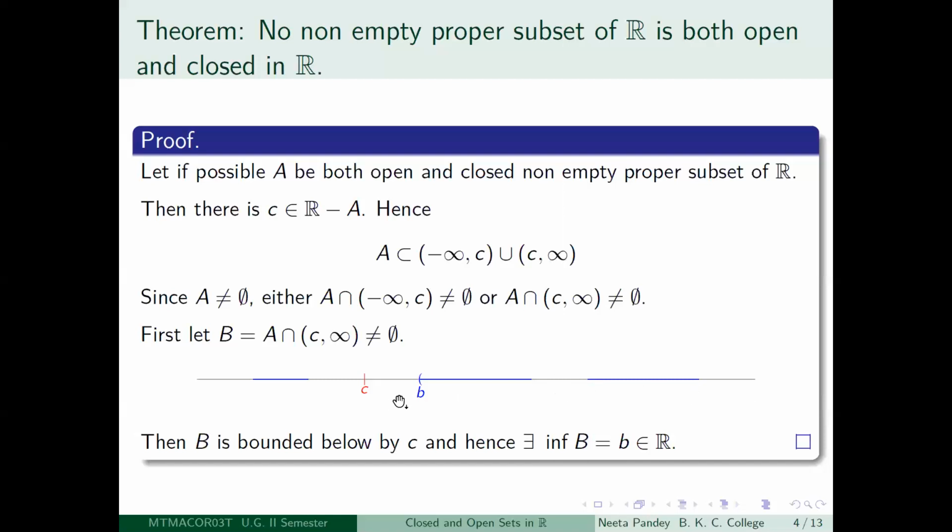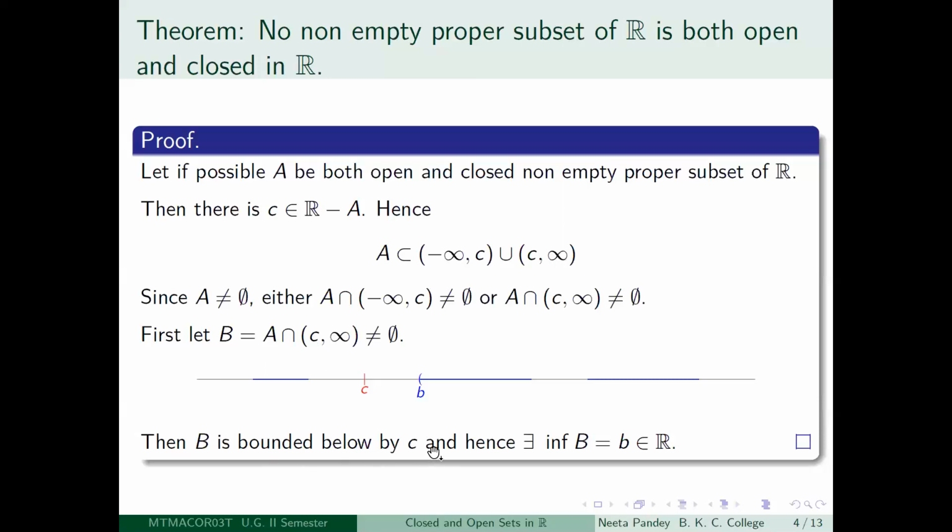Okay, so suppose that this is non-empty. Now what can you say about this set which is on the right hand side of C, that is a subset of C to infinity? C is going to be less than every number on the right of C, right? So if you take any point of capital B, then that is going to be strictly greater than C.